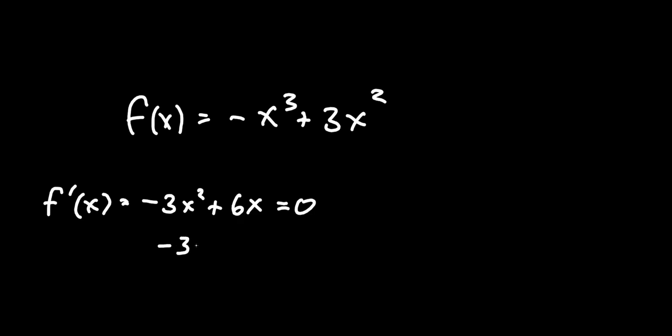Negative 3 times x times x minus 2 equals 0, because the negative 3 and the negative 2 combine. So x equals 0 and x equals 2 are both critical points on this graph. So now let's find the areas of increasing and decreasing.